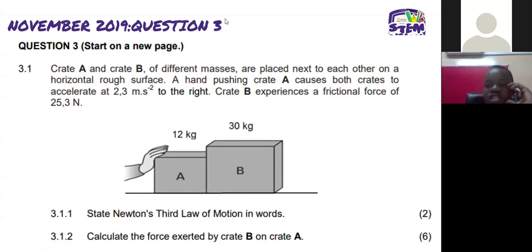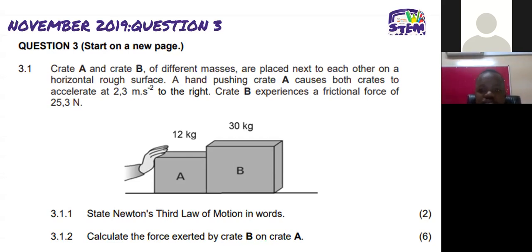The question reads as follows. Crate A and crate B of different masses are placed next to each other on a horizontal rough surface.